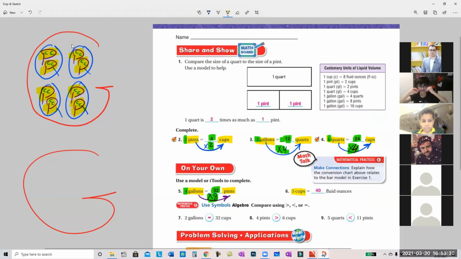Okay. The next one. 5 cups equal how many fluid ounces? It's not in our model, but you have to keep in your mind how many fluid ounces are in 1 cup. Wait. How many fluid ounces in 1 cup?